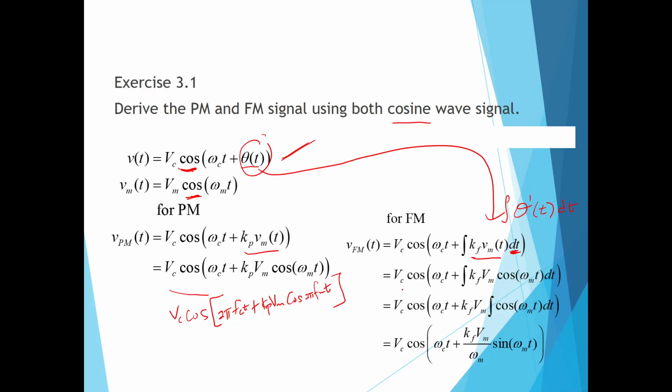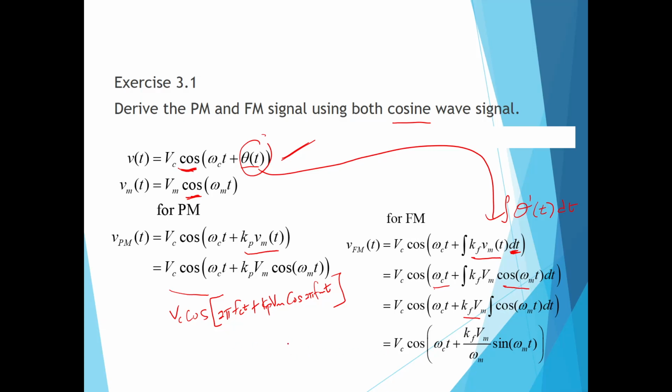So vc cos omega ct, or 2 pi fct, plus the integral of kf vm cos omega mt. We can put kf vm outside, and the integral of cos gives positive sine over omega m.